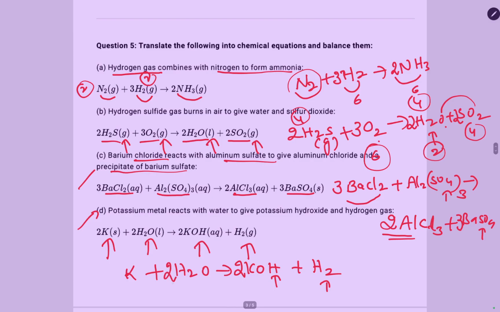Now 4 hydrogens are matched, but here I got 2 potassium, so multiply with 2 here, then potassium will be balanced. Check the oxygen: 2 here, and here also 2 oxygen. So the completely balanced chemical equation is 2K solid form, 2H2O liquid form, 2KOH aqueous form, and hydrogen gaseous form H2. That's it.